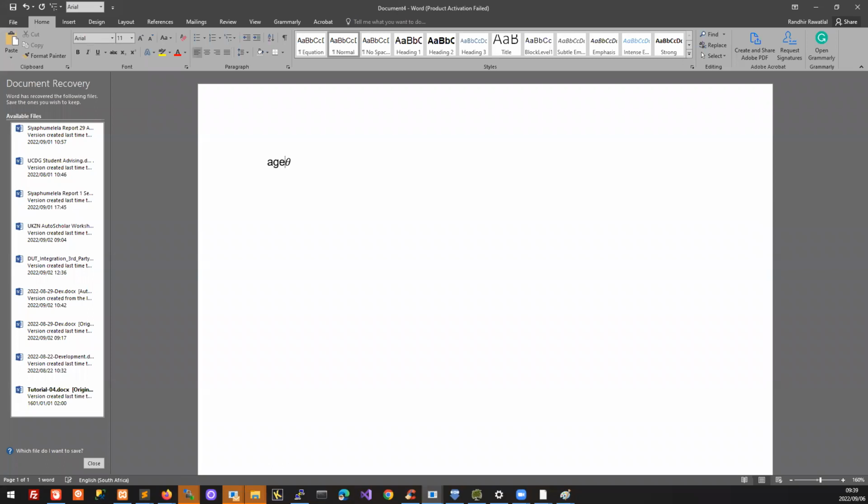So age theta is the time spent by an entity in a space. Now, in a space, that's important.